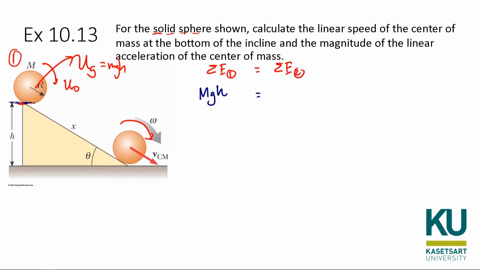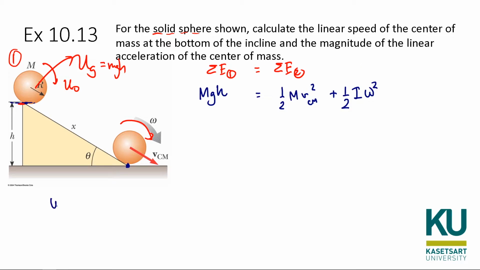But when it's moving and reaches the ground, there's no potential energy, but it has translational kinetic energy, 1/2 m v_cm squared, and also the rotational one, plus 1/2 I omega squared.